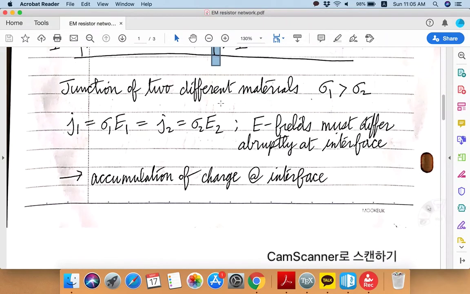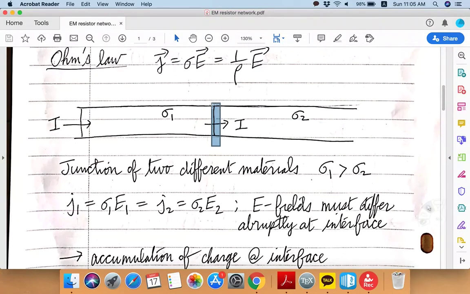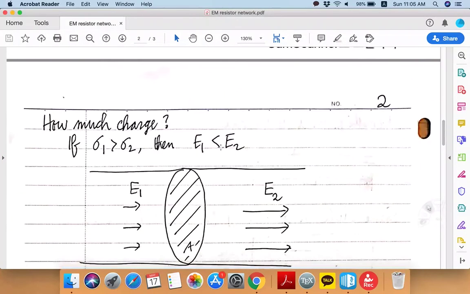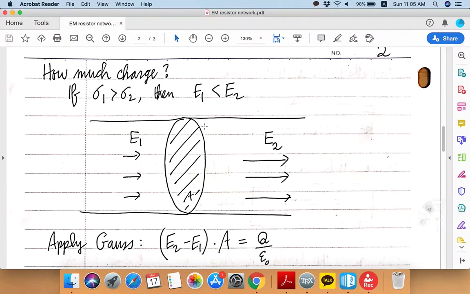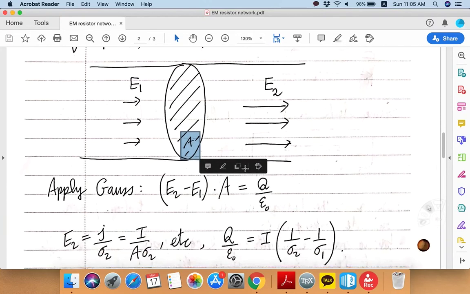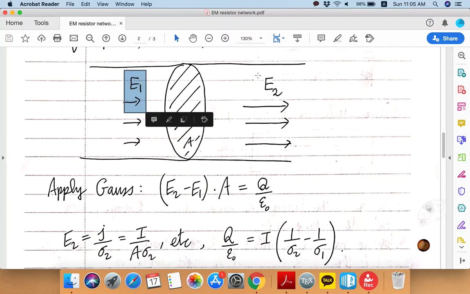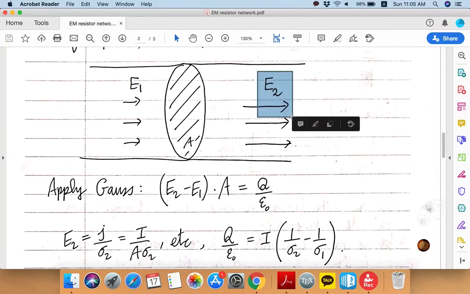All right, so let's go ahead and try to calculate just how much charge is being accumulated at the interfacial region. Here is a blow-up image of the interface. This shaded circle represents the interfacial region with a cross-section area A. And you have some electric field coming in, and you have some electric field going out.